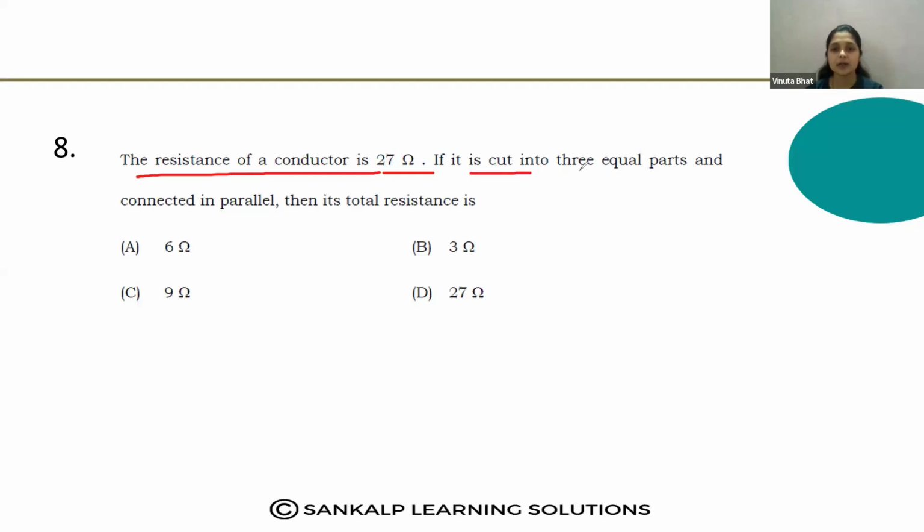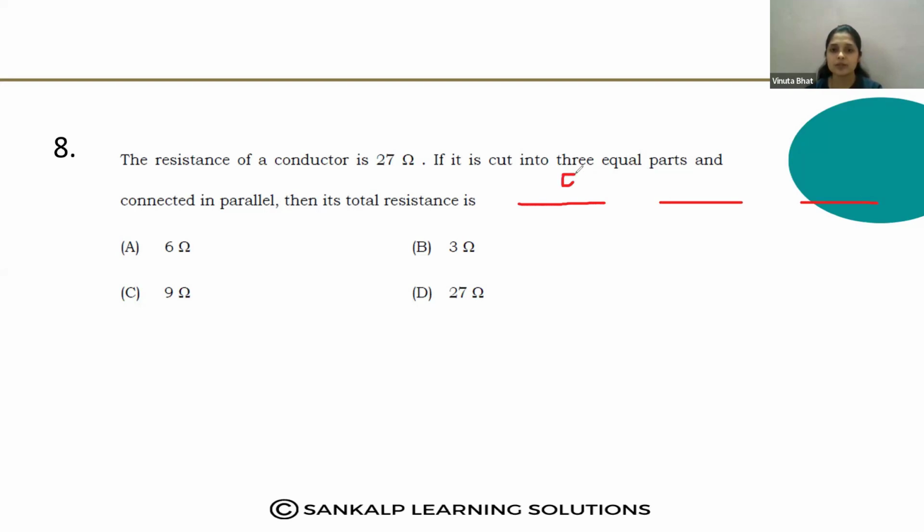Here, when the conductor is cut into 3 equal parts and connected in parallel, you have to find out the total resistance.